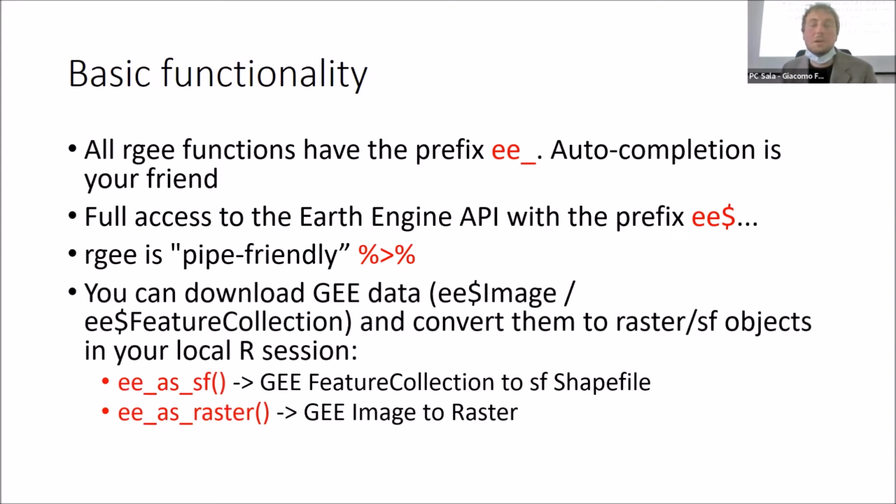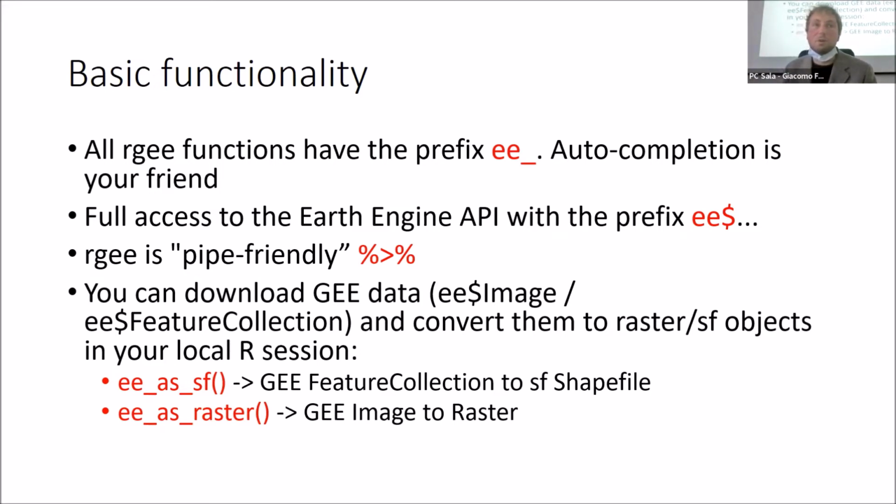And in addition, this is just to mention it, not because you have to do it now, but from RGEE, you can also request to download data from Google Earth Engine. So you can process data, as we will be showing in the examples, but you can also directly download data from the catalogs that I was explaining before.